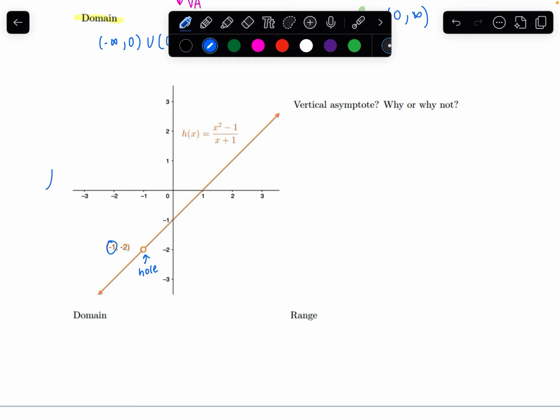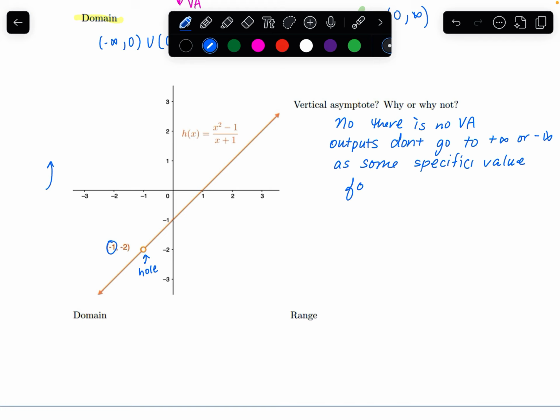But because our graph doesn't shoot up to positive infinity or negative infinity, or both, or just one of them, there is no vertical asymptote for this particular graph, because our outputs don't go to plus or minus infinity at some specific value for x.